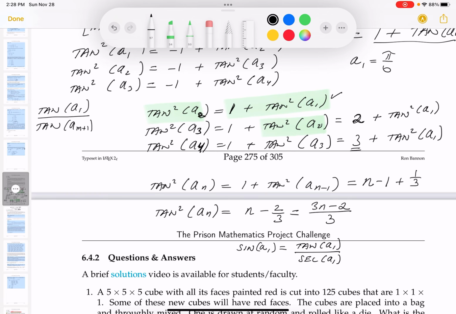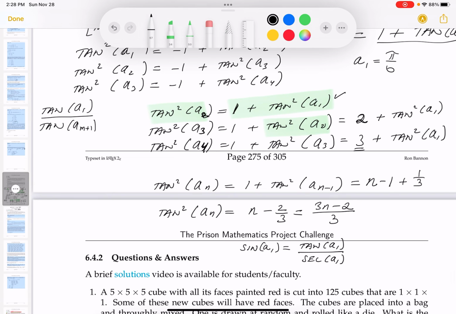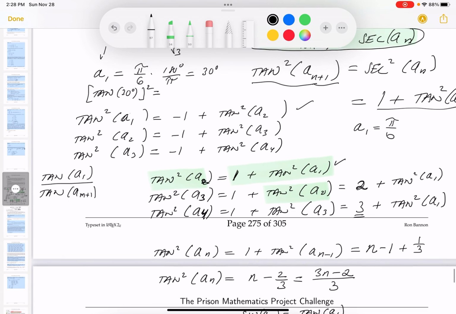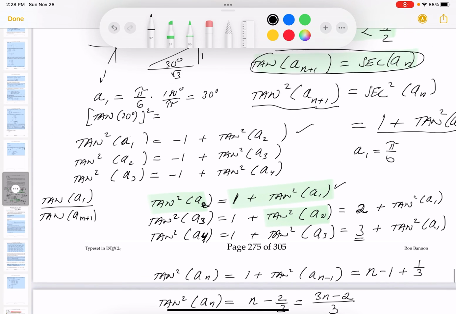Well, let's write this down. Let's write down the tangent of A1. Now, I think I did that before, right? The tangent of A1, that's a tangent of pi over 6.